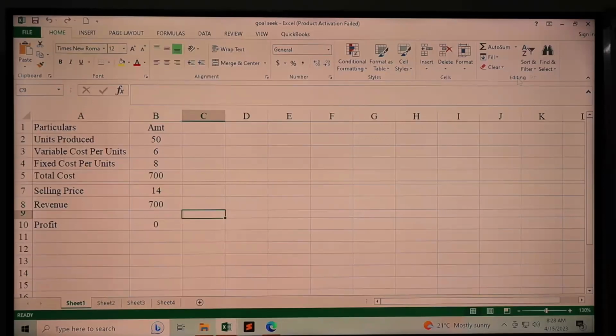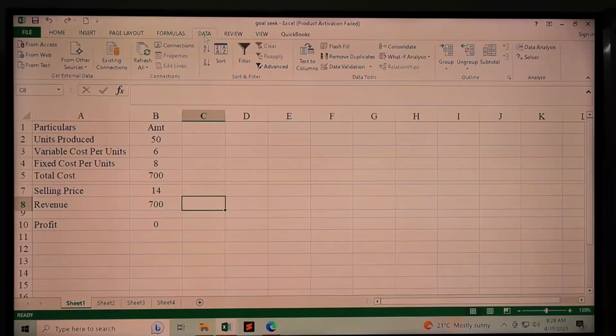Like last time we discussed how you can compute the number of items that are required, or the selling price that you need, so as to attain a specific revenue, or the break-even point, that is when the profit is 0. Then you said that you have to insert the function, and the function we used is goal seek.